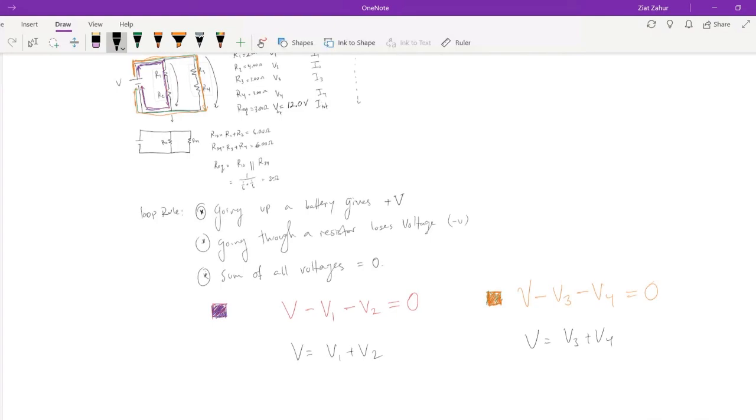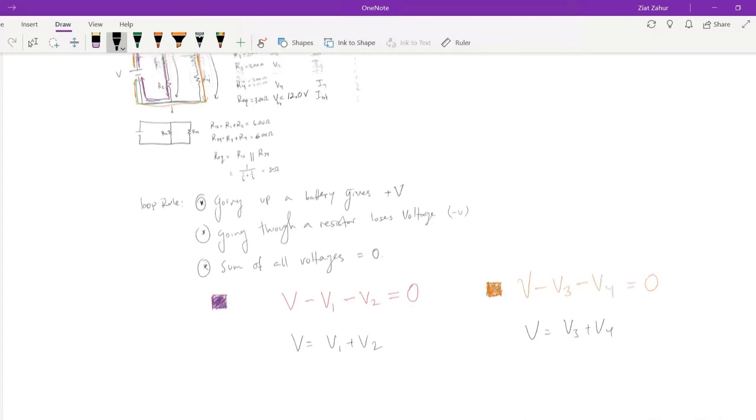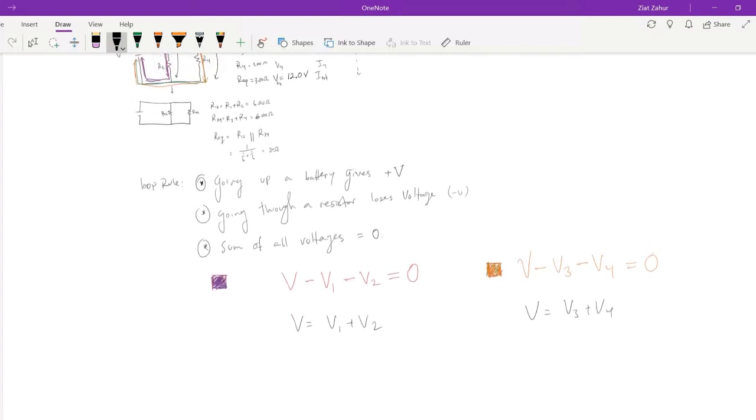Okay. The other thing we can do is find the total current and do the current splitter rule, which is something we learned last time as well. The current splitter, let's see, I total is equal to the total voltage over the total resistance, which gives me 12 over 3.